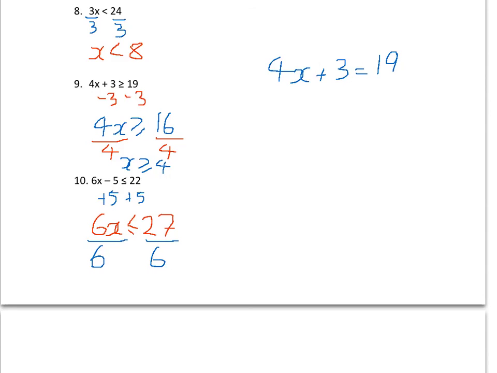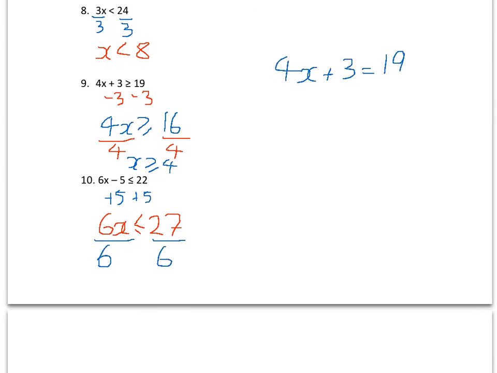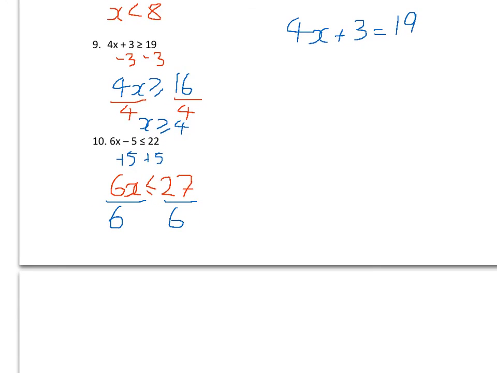So 6 divided by 6 is 1x, and 27 over 6, how many 6s go into 27? Well, that's 4, and that's 24, and it's 3 left over, and 3 sixths is the same as a half, so it's x is less than or equal to 4.5.